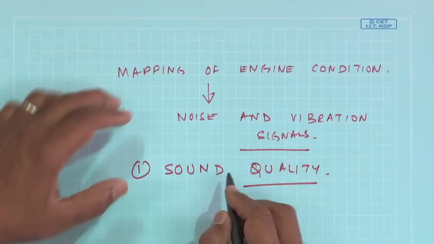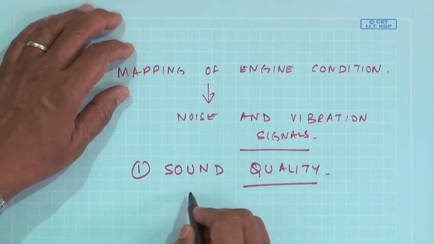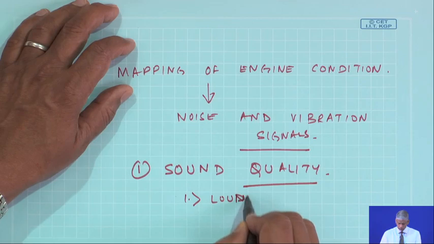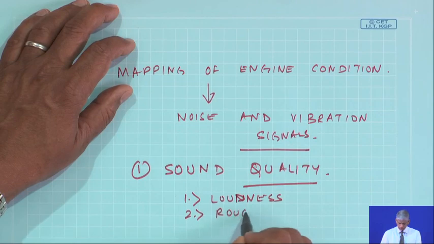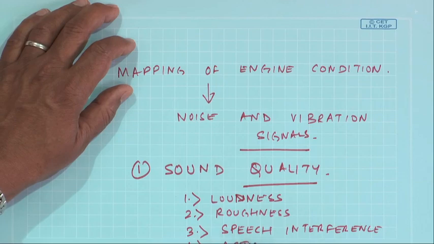Okay, somebody may like a sound, somebody may not like a sound, but there is a scientific method by which the sound which you hear from any machine, be it an engine, be it an appliance, can be quantified by a few objective measures like the loudness, like the roughness, like the speech interference, articulation index, etc.